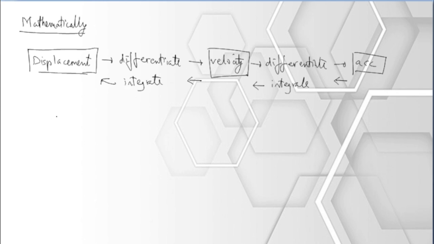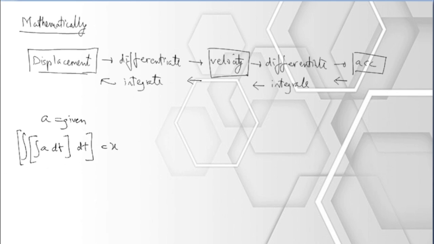So displacement to velocity is differentiation. Velocity is given, you have to find acceleration, that's differentiation. Acceleration is given, you have to find displacement, then that means you will have to integrate acceleration with dt to find velocity, and again integrate that to find the displacement.